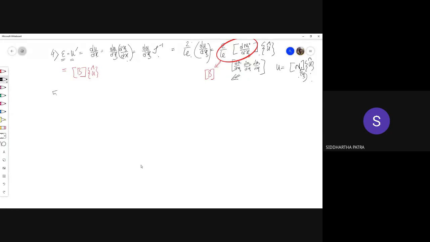Now the next step would be to evaluate the element stiffness matrix.